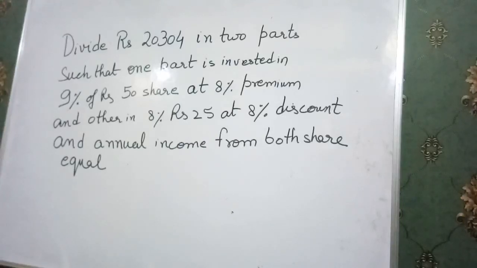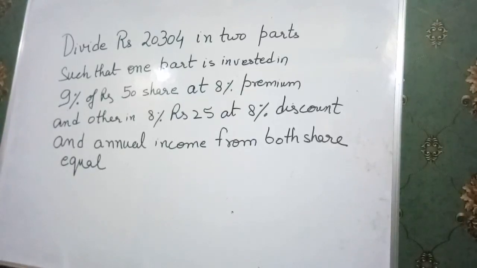Just hold over here. It is given 9% of rupees 50 share. That means the company is providing a dividend of 9%. The face value, that means nominal value of the share, is rupees 50, but the share is available in the market at 8% premium. That means the market value of the share is above par.